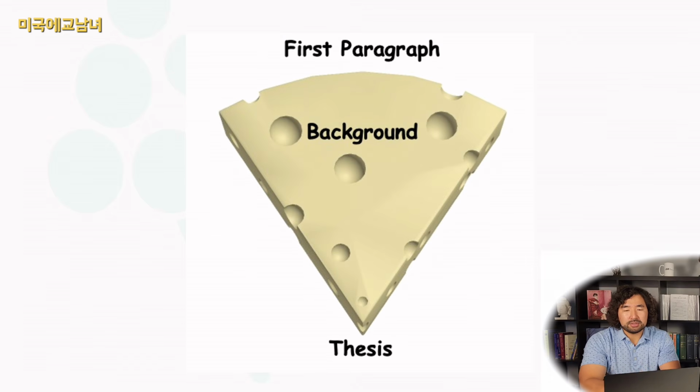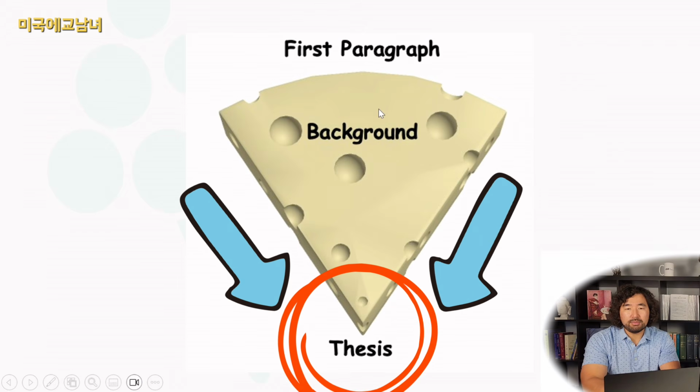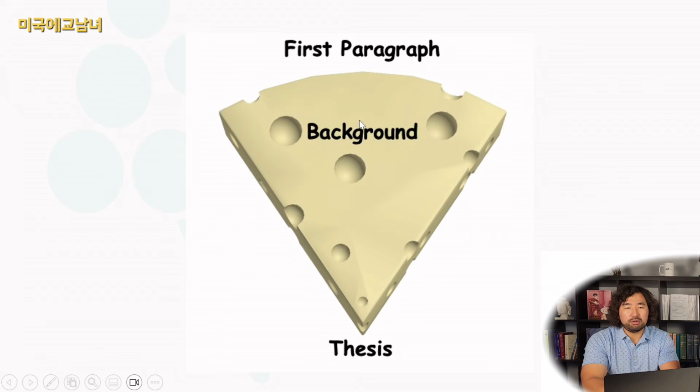So how does it look? We can use the cheese here to show you how we can better structure this thesis. So this is the first paragraph here. We want to start with something broad, right? At the very beginning of your introduction, we want more broad details, like background information or a hook, for example. So you start your introduction with the hook, then a little bit of background details about how your paper is going to be.